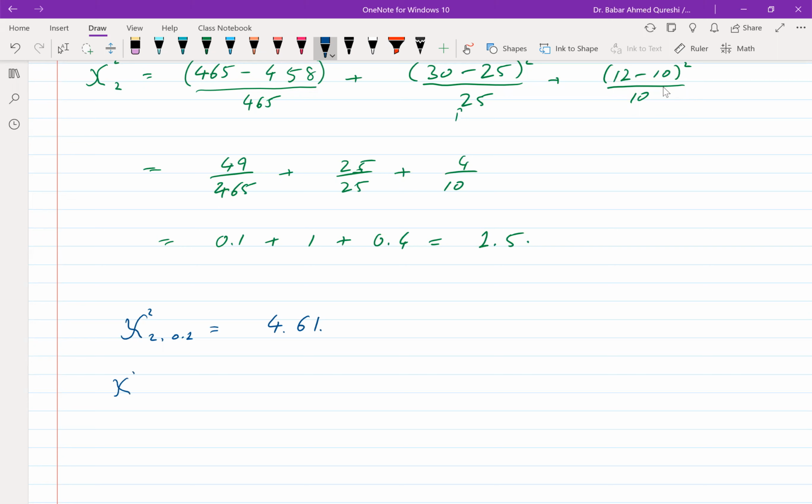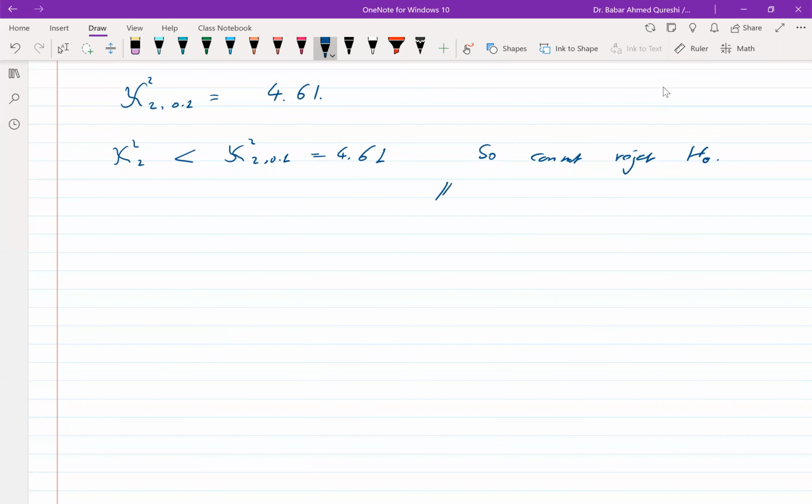So our computed chi-square is much less than this critical value, so we cannot reject H naught. In other words, there is no reason, by reason I mean there's no evidence, to worry based on the above count.